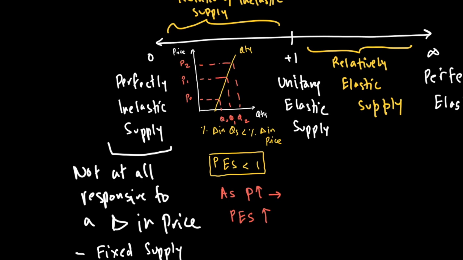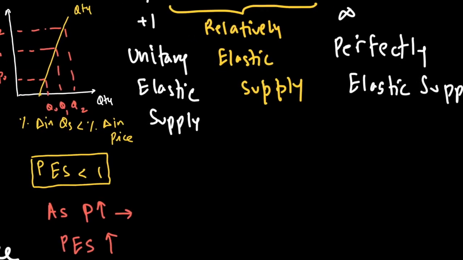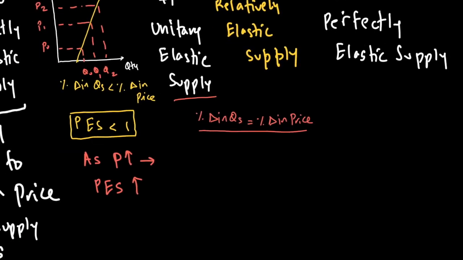When it comes to the unitary elastic supply curve, this is where the supply curve is equally responsive to a change in price. So here percentage change in quantity supplied is equal to percentage change in price. Producers are responding in an equal manner, which is where our supply curve will actually come from the origin.